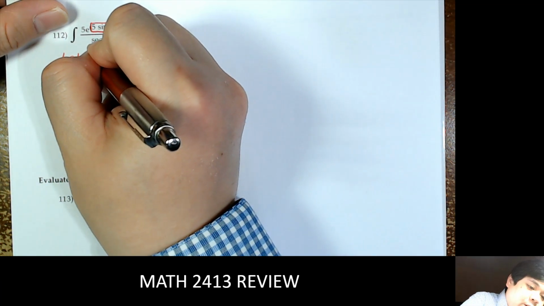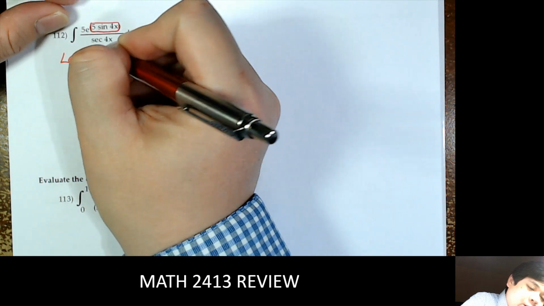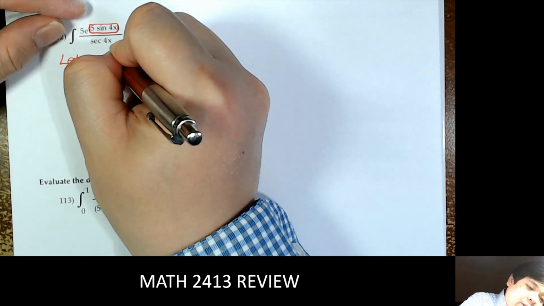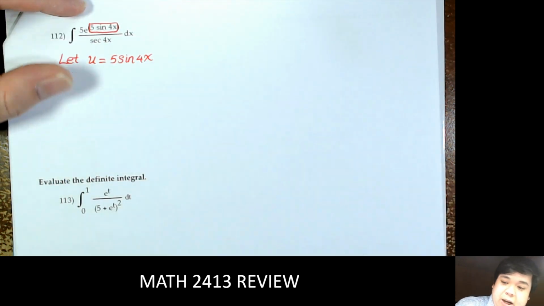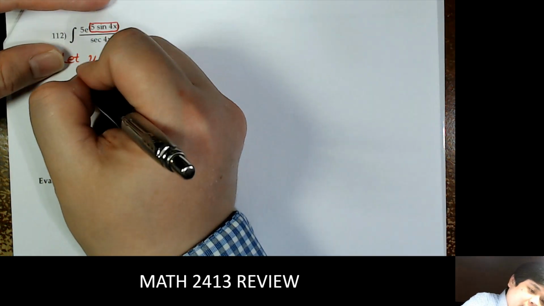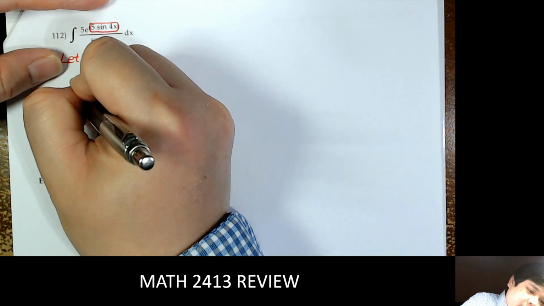So let u be 5 sine of 4x. And then we'll take the derivative, du over dx.